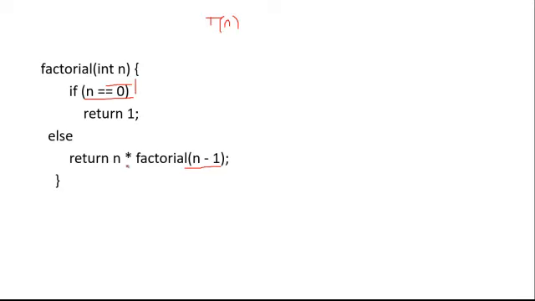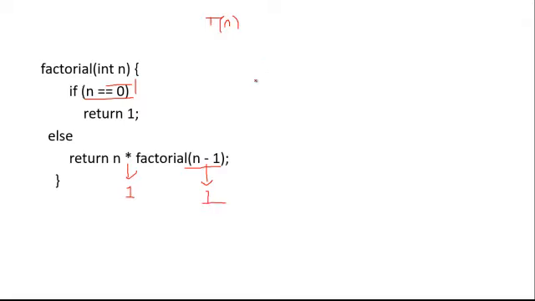Then we have here a multiplication operation that we perform after we get a return from factorial of n minus 1. So this is 1 unit of time. And we perform here subtraction to calculate n minus 1, which is another unit cost.